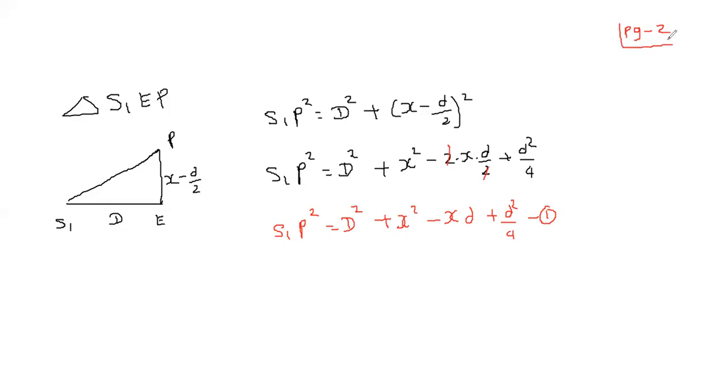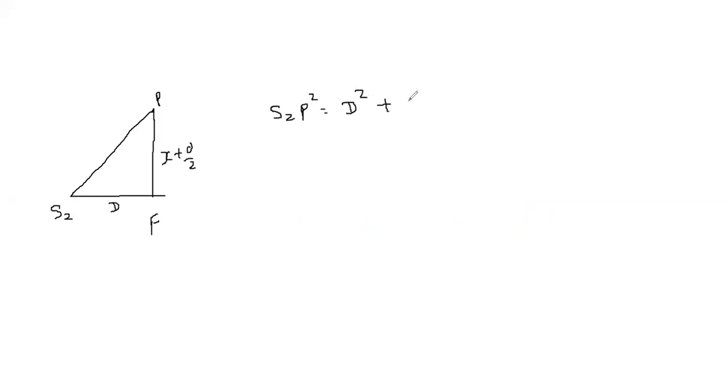Any doubt in this? No doubts. Shall I go to next page? Sir. Now we take this triangle. Karthi, do you have a doubt in that? Sir, no sir. So we take S2FP. It is D, it is X plus D by 2. Apply Pythagoras theorem. S2P square is equal to D square plus X plus D by 2 the whole square.